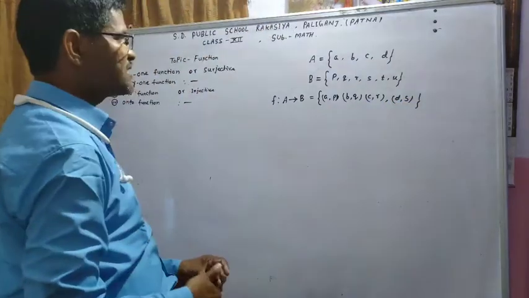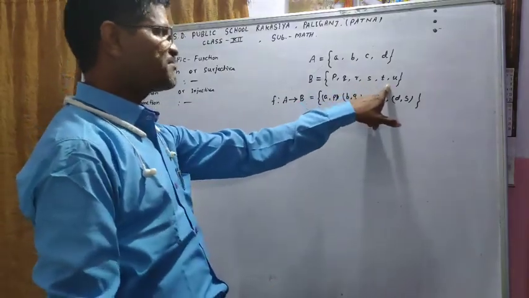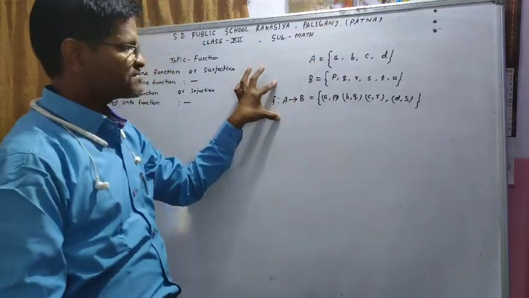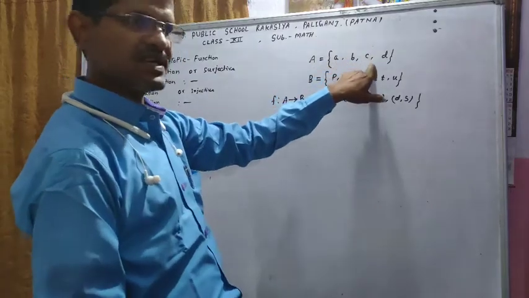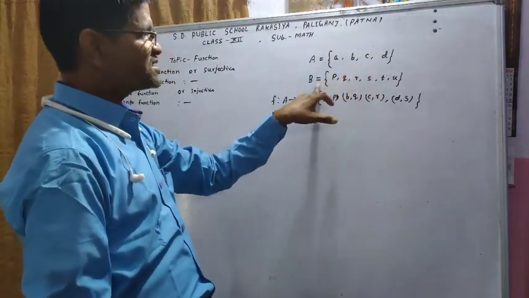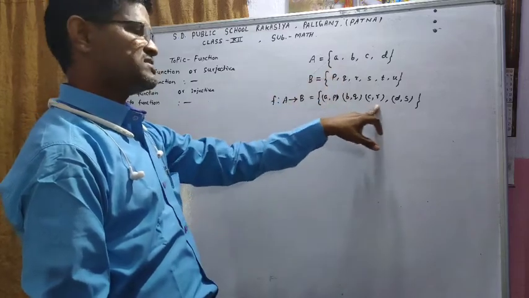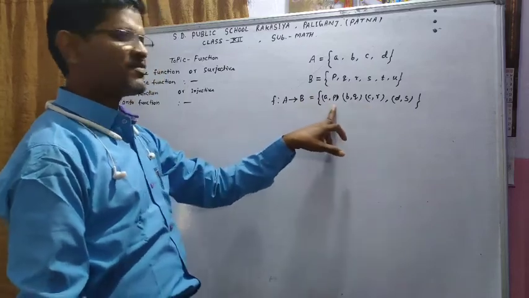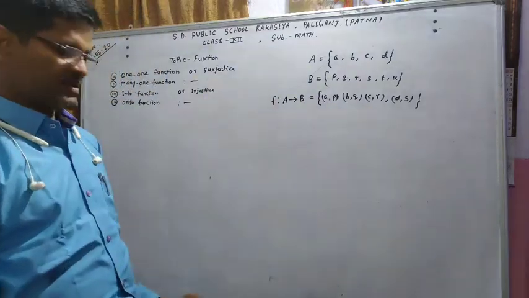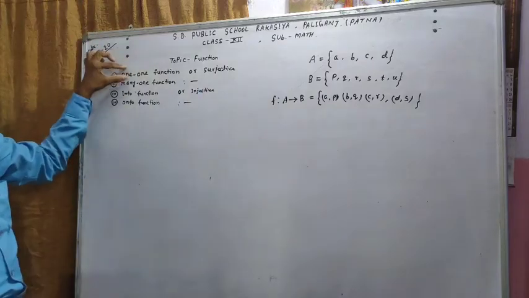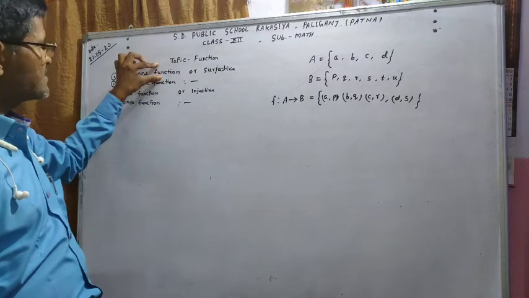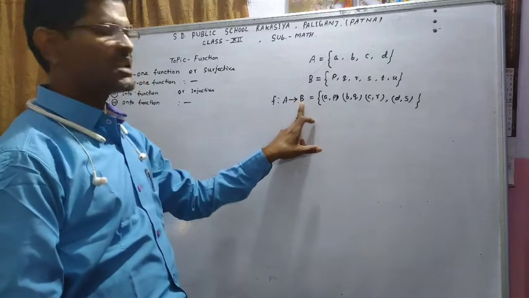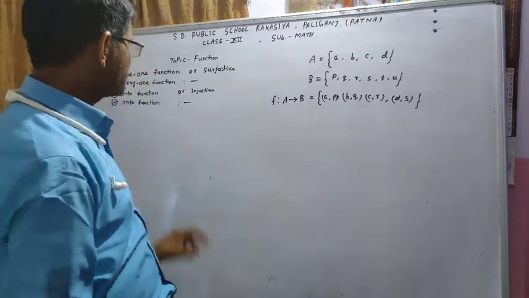The elements p and u of set B do not have any pre-image in set A, but the function is still defined because every element of set A has one image in set B. Hence this type of function is called one-one function. Every element of set A has only one corresponding element in set B.